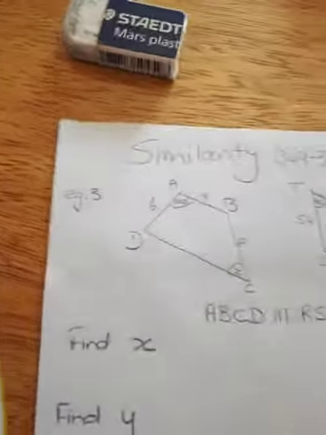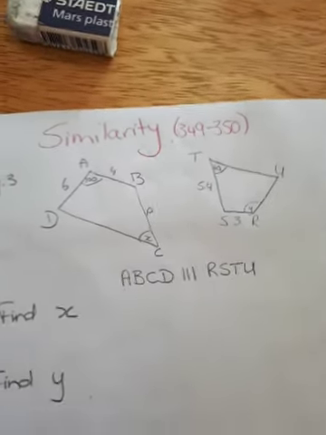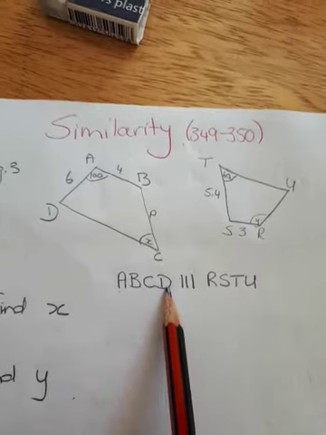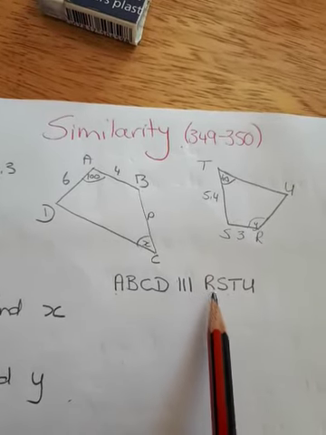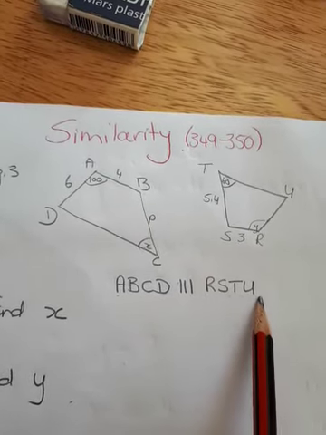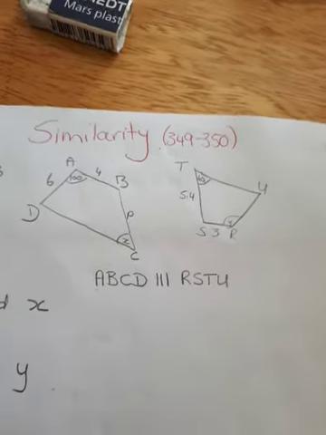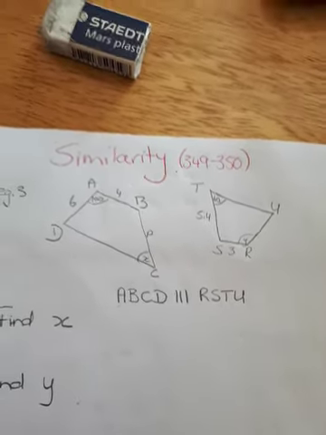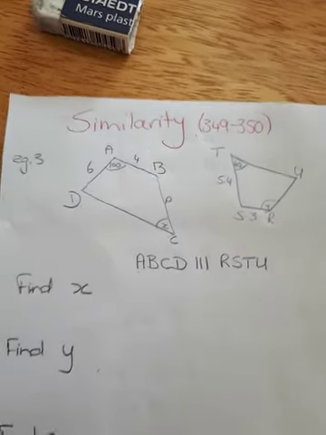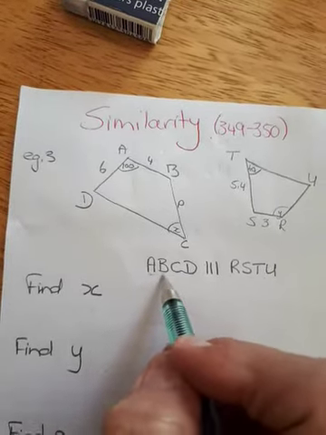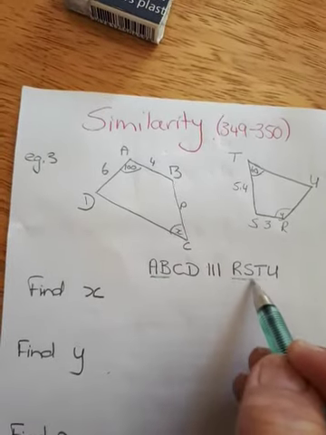Right, so now let's look at an example of 2 quadrilaterals where you are told that ABCD is similar to RSTU. Okay, for the beginning people, I suggest that you actually do color the corresponding sides. So if you look at this one, AB corresponds to RS.